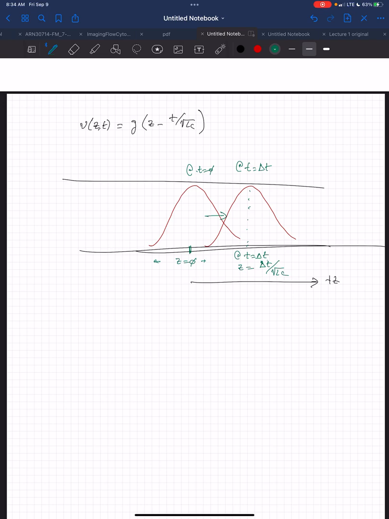So this has a few added implications. z has units of distance, and t obviously has units of time. So square root of LC is going to have units of time over distance.